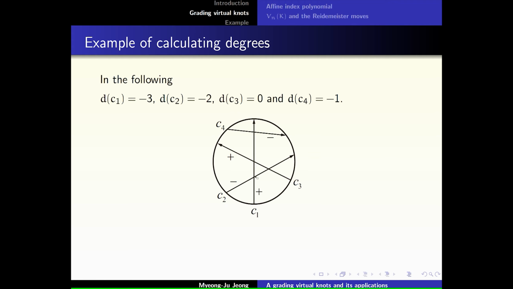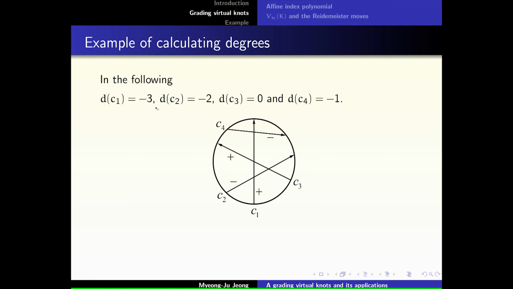C2 crosses C1 from left to right, so C2 contributes -1 to the degree of C1, and C3 crosses C1 from right to left, so C3 contributes -1 to the degree of C1, and C4 crosses C1 from left to right, and its sign is minus, so C4 contributes -1 to the degree of C1.